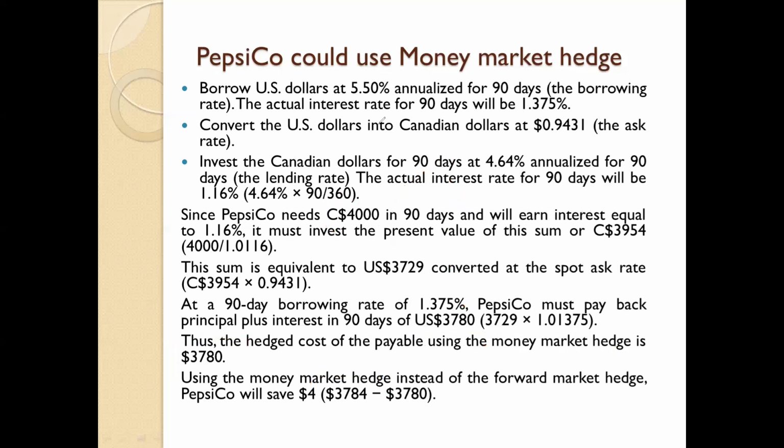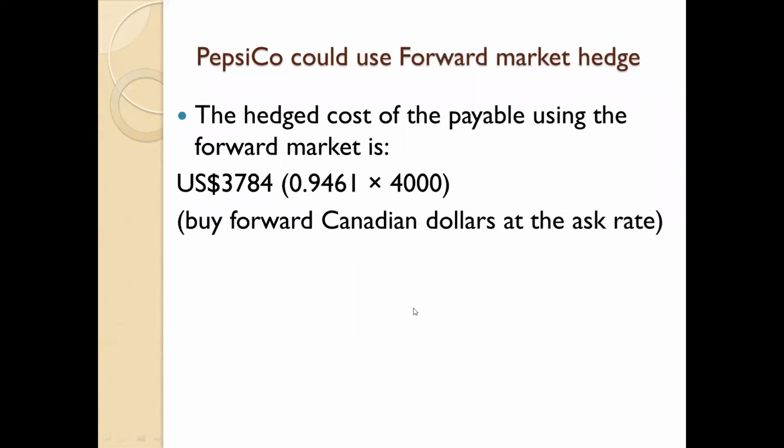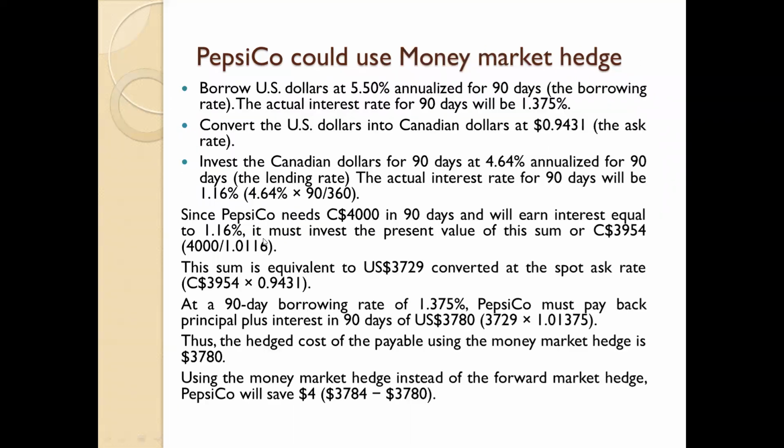But the only thing is, borrowing and lending have to be done simultaneously. So that process is a little bit complicated, but you most probably end up with a profit. Money market hedging has a greater advantage than forward market hedging, but the process is a little bit complicated because you have to borrow, you have to calculate the present values of the future borrowings, right?